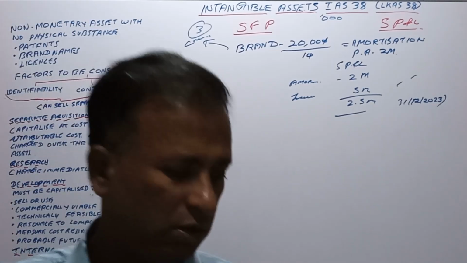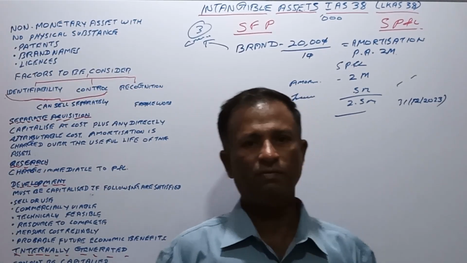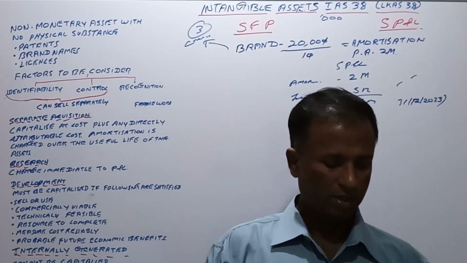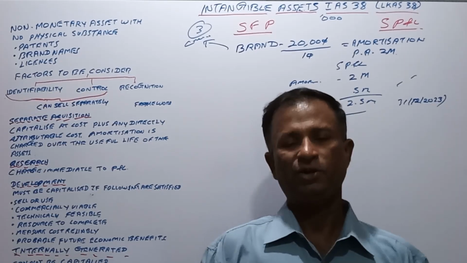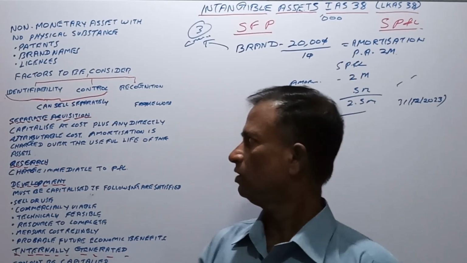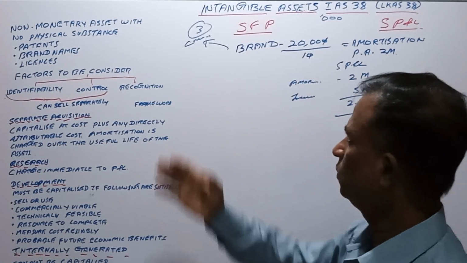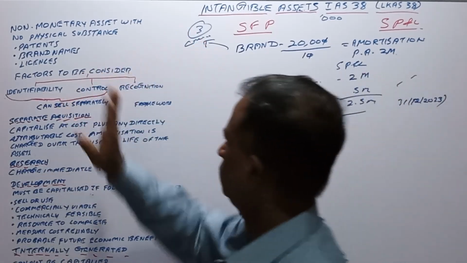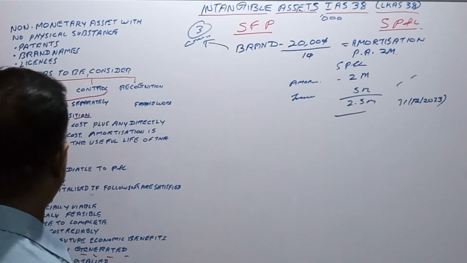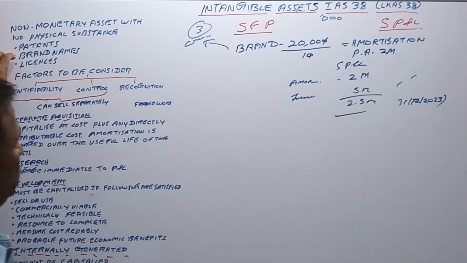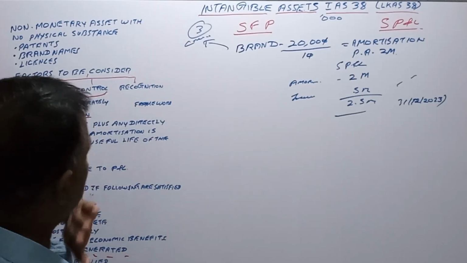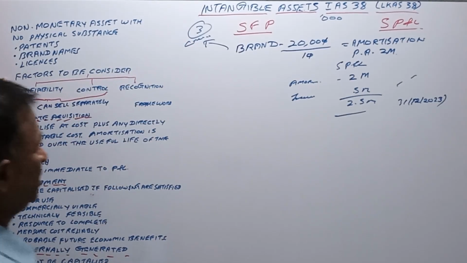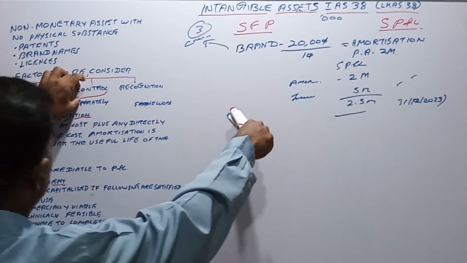Okay, so I hope that you have got a good picture from these lectures. If you go through again, what are the important factors to be considered when you are assessing intangible assets? Identifiability should be there, control should be there.